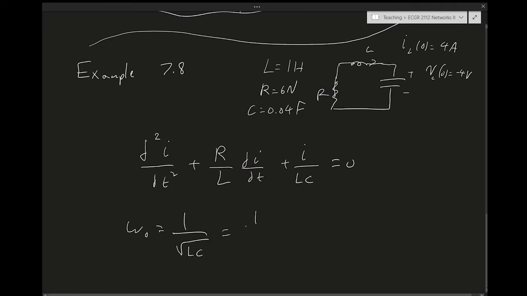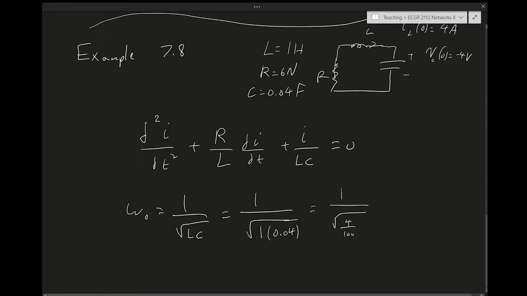So it's going to be 1 over square root, L is 1 and C is 0.04. So this is going to be 1 over square root of 0.04 essentially, which is 4 over 100. I can simplify this further.